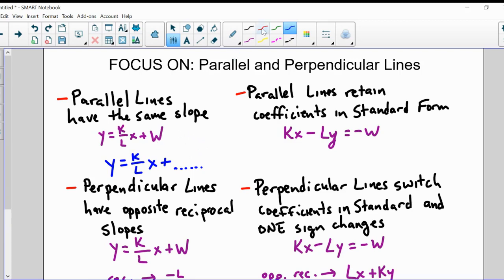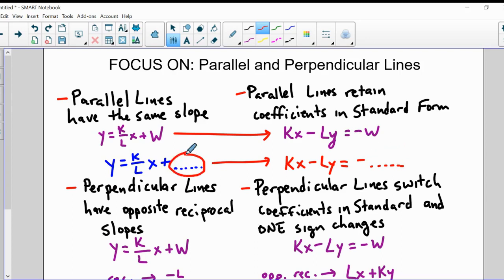So if I did a little bit of manipulating, what I would notice is that if I solved this for standard form, it would look like kx minus ly equals negative, and then some thing here. No matter what I do, if I manipulate this exact same thing, whatever's here would also go here.